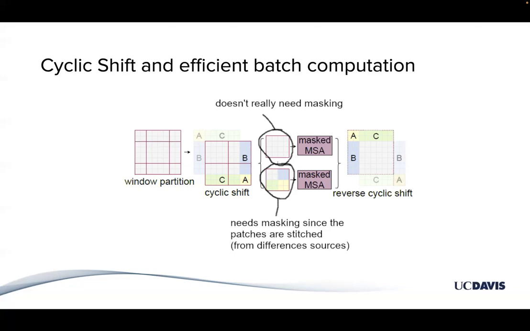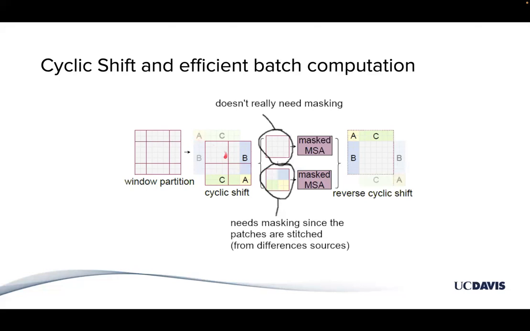But this results in an increase in the number of windows. If we do that padding, in the first layer we have only 4 windows, and now we have 9 windows, resulting in an increased computation of 2.25 times. So the authors proposed a more efficient batch computation approach by cyclic shifting.